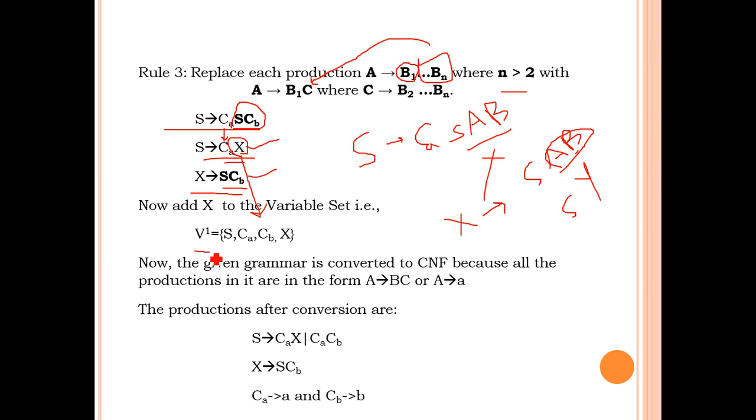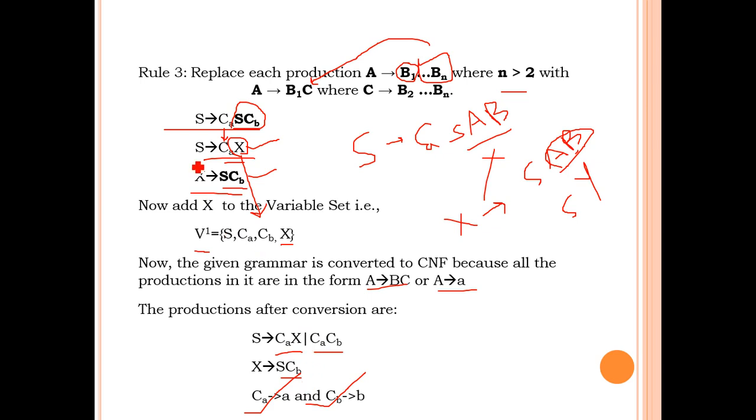Now the Chomsky normal form variable set is S, CA, CB, which are new non-terminals for the terminals, and X after applying rule 3. So now the given grammar is converted into CNF because all the productions are in the form of either A tends to BC or A tends to a. See, all the productions have right hand sides of length 2.